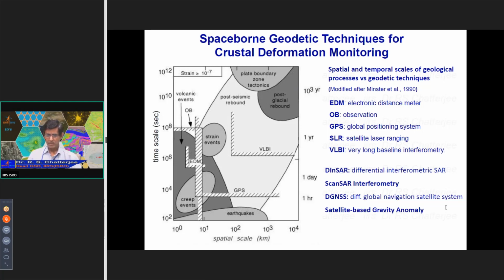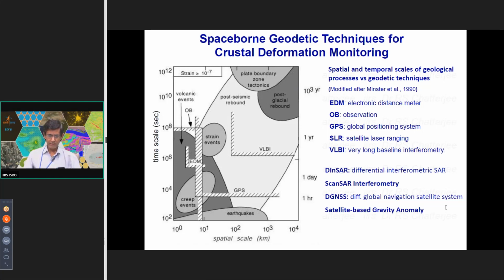The spaceborne deformation interferometric SAR technique or DInSAR, and ScanSAR interferometry, both are very useful techniques for measuring and monitoring earthquake related deformation. So DInSAR, standard deformation interferometric SAR, is generally useful in terms of spatial scale from a few tens of kilometers up to hundreds of kilometers.